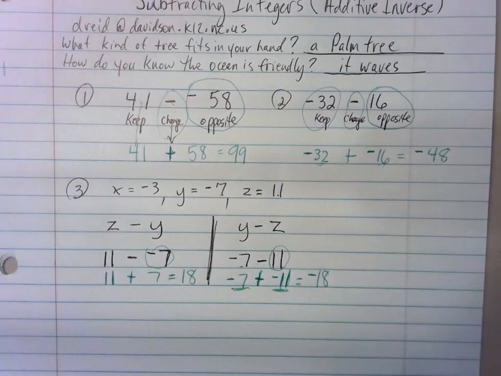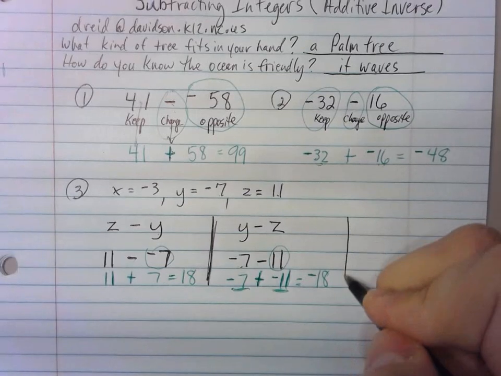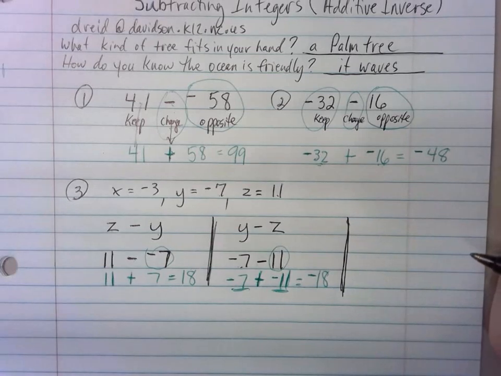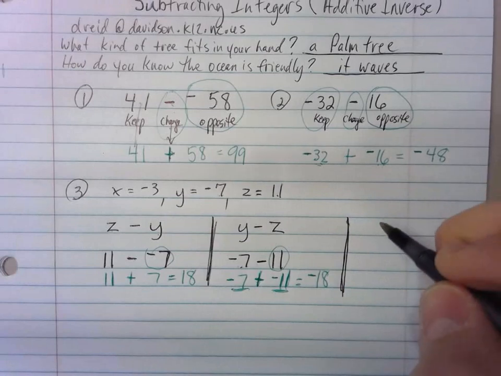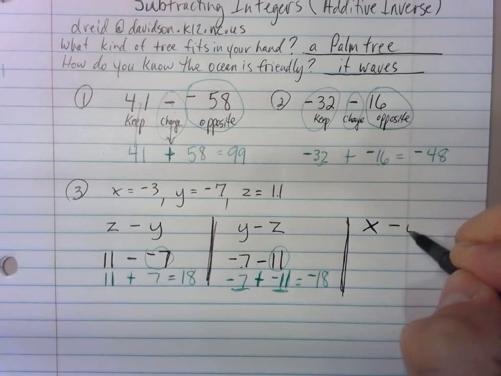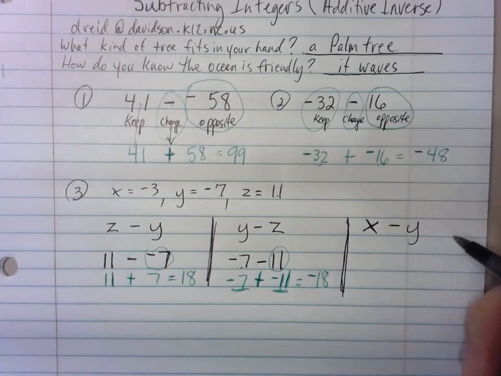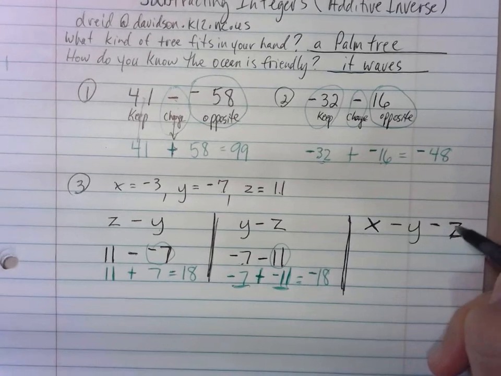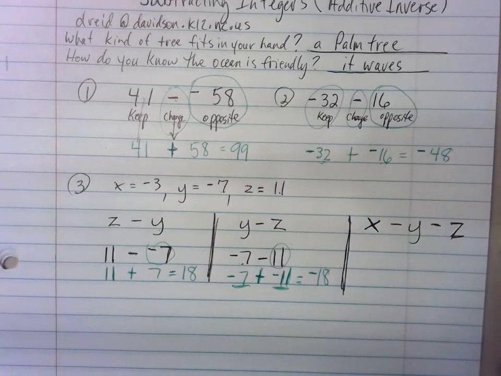Alright. Now, let's do one more of these. So let's say you have got X minus Y minus Z. X minus Y minus Z. Alright.